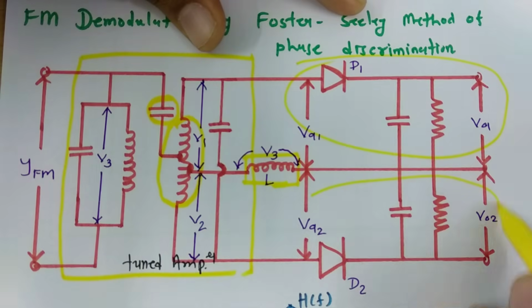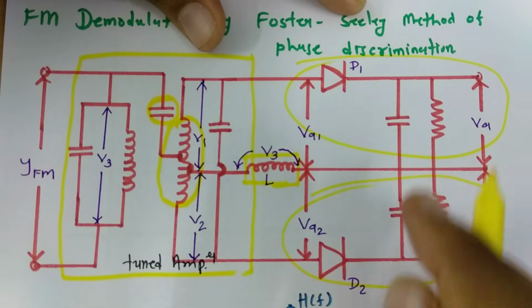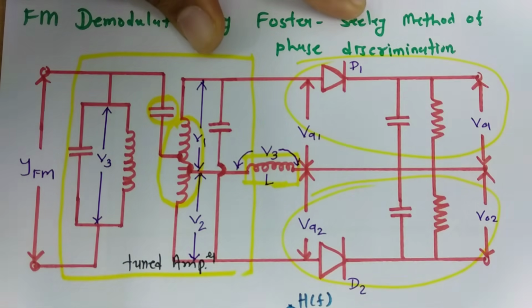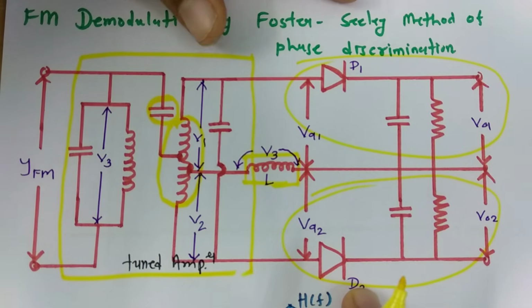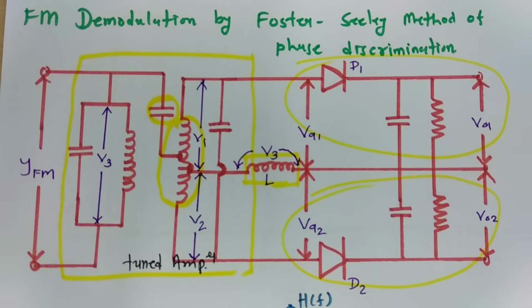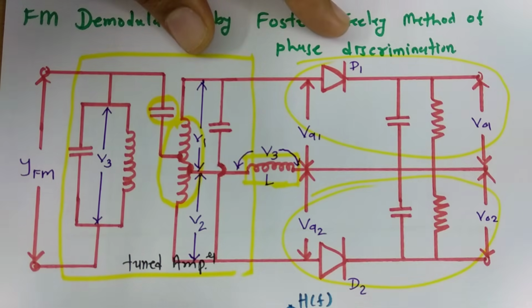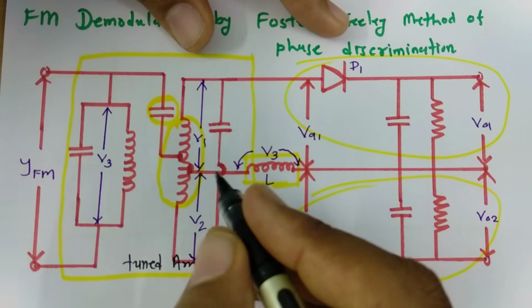These are the two slope detections which we can observe here. Its working is purely based on phase difference.